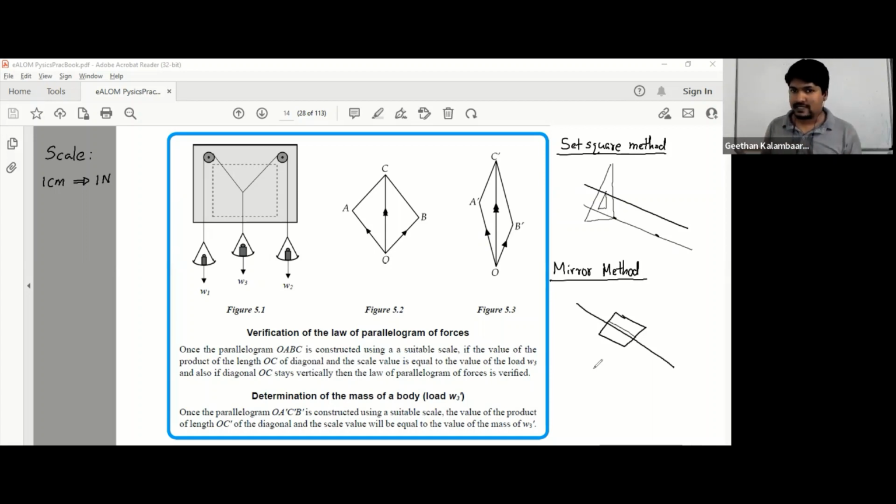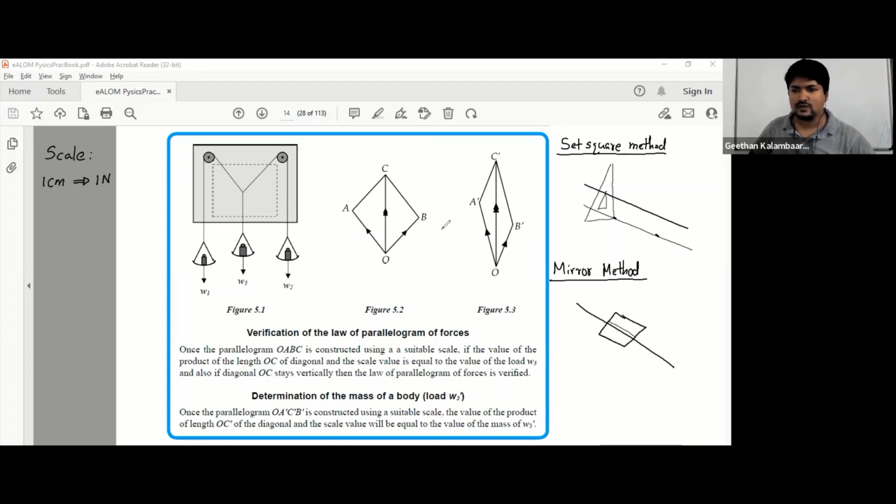You can do this at home with a small piece of mirror. When you cannot see the image, at that point you put a pencil below and mark this point. You trace this point using a pencil, and also this point.